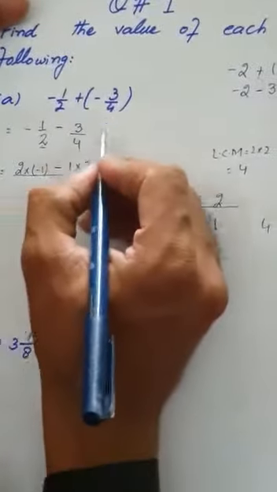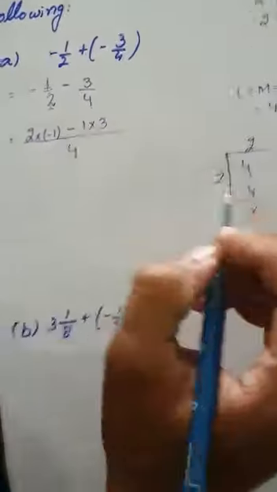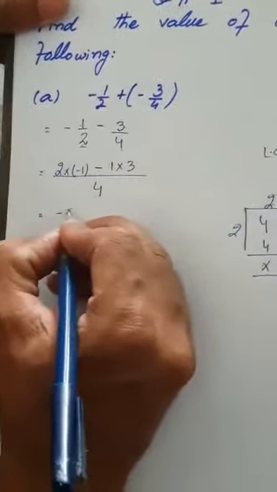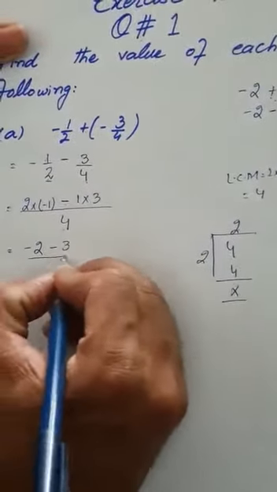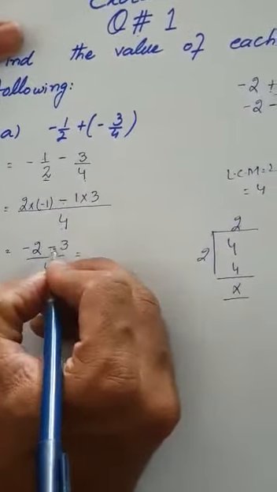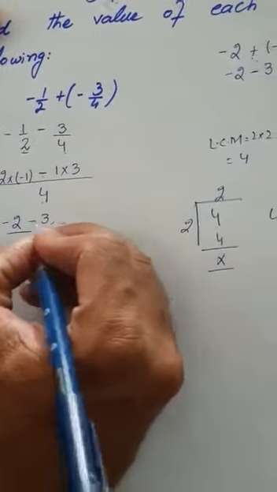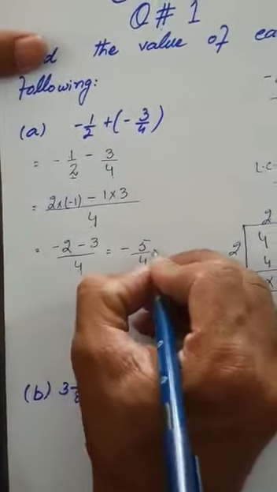I am not writing the minus 3 here because I have placed the minus here. Okay, after this minus 1 into 2 will be equal to minus 2, minus 1 into 3 will be equal to minus 3 over 4. As you can see, both of the numbers have the same signs of negative, so we will place the negative here and we will add both of these numbers. Minus 5 over 4 will be our answer.